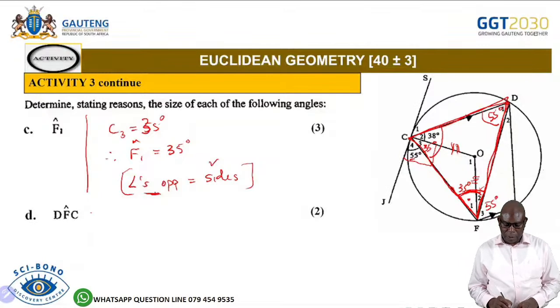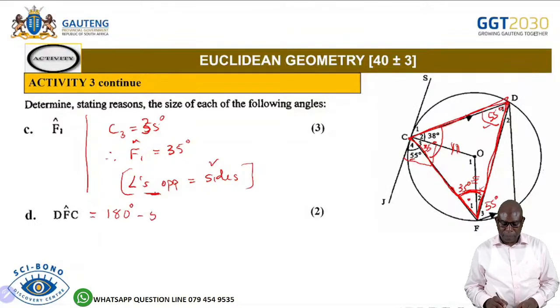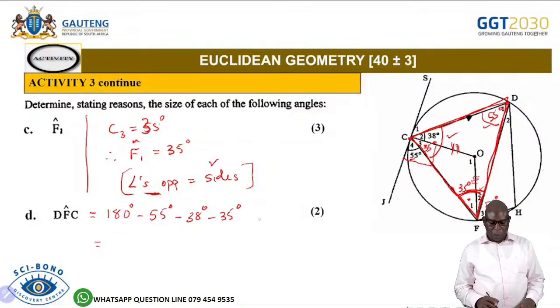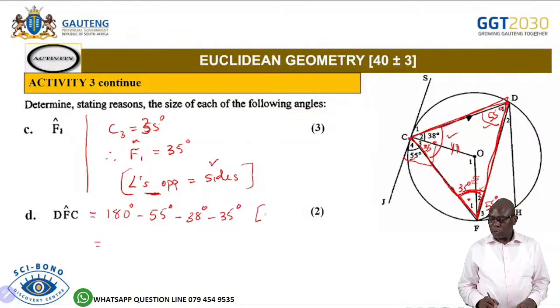So I'm going to say DFC will be the same as 180 degrees minus this one, minus the 38, and minus the 35 degrees. So what is left? So what will be my reason here? It will be interior angles of a triangle.